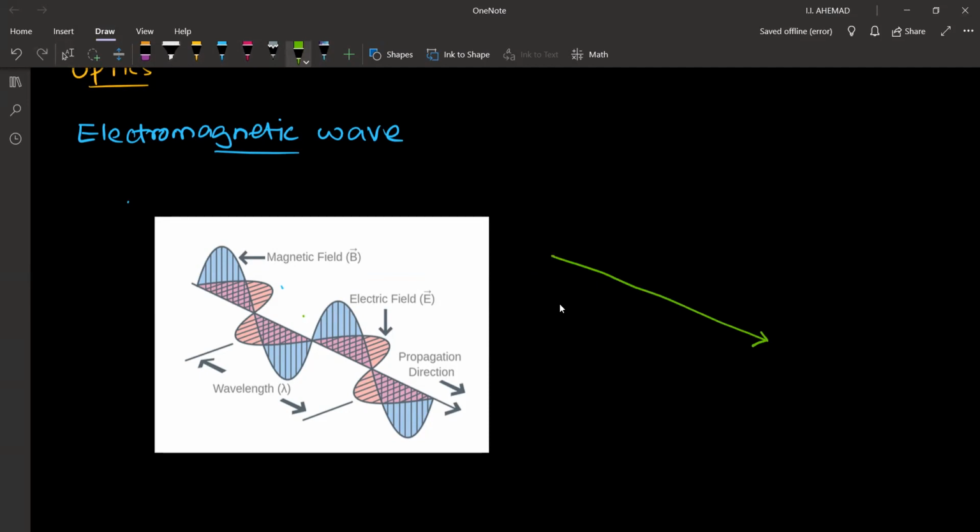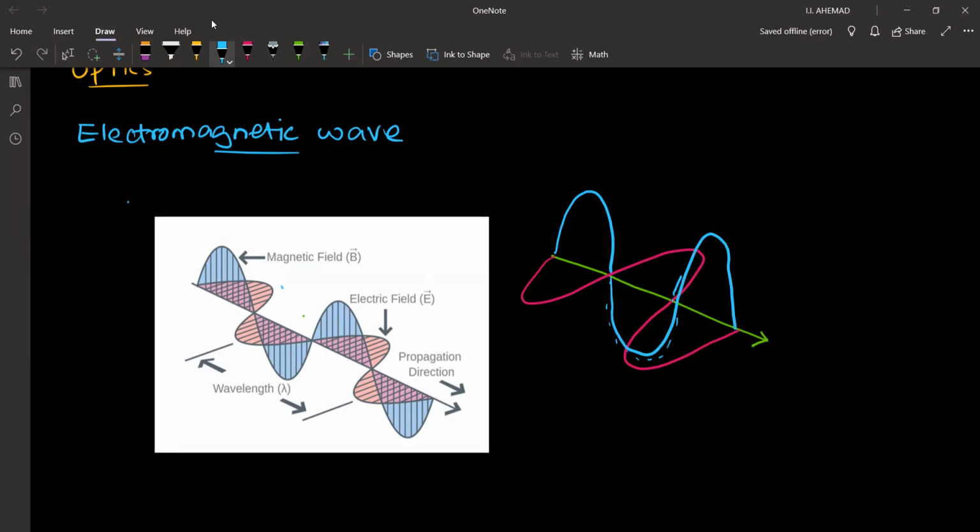So this is the direction of propagation and just draw two perpendicular fields. Once you have drawn, let me know.